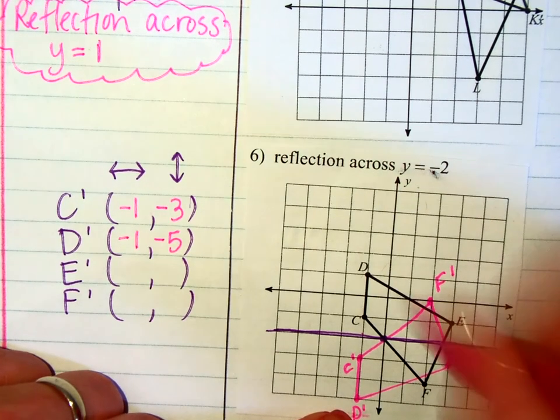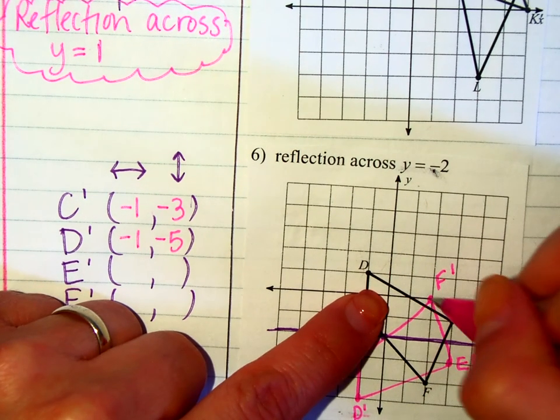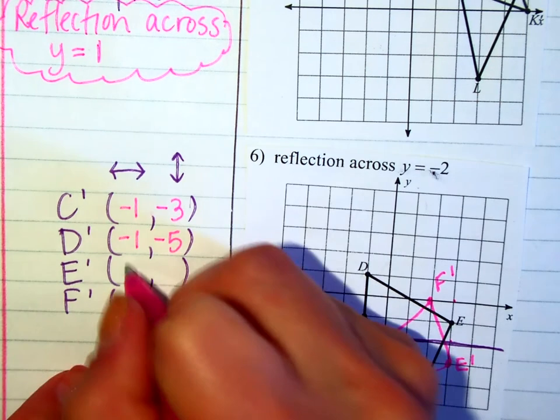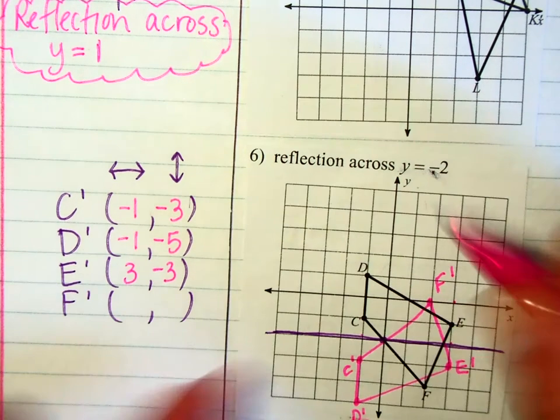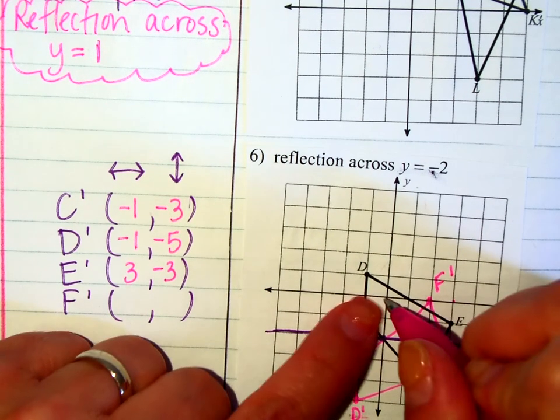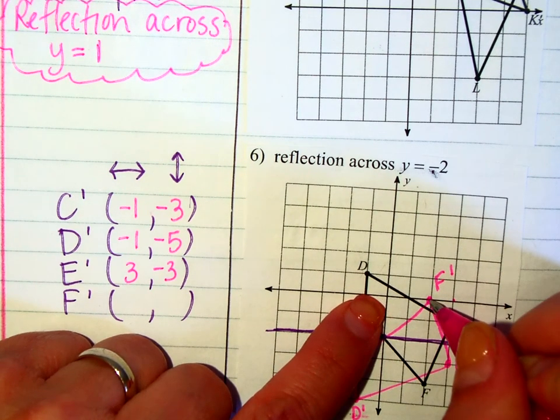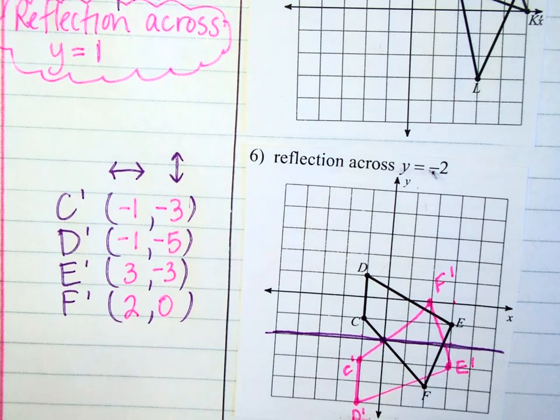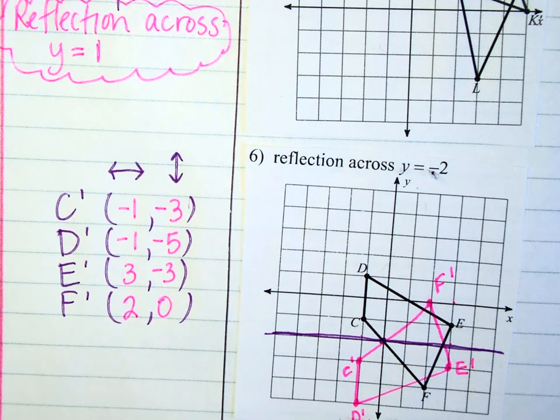E prime from the origin, 1, 2, 3 to the right, 1, 2, 3 down. So 3 to the right and 3 down. And then F prime from the origin, 1, 2 to the right and stay there. 2 to the right and stay there. I hope this clarified how to reflect a figure along the coordinate plane.